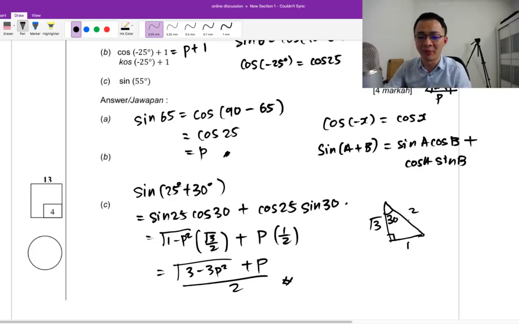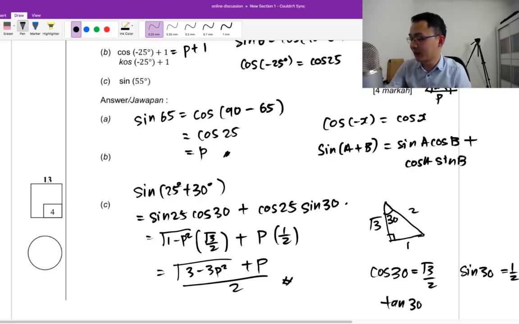Basically, you need to memorize this triangle. So cos 30 is adjacent over hypotenuse, which is square root 3 over 2, and sine 30 is 1 over 2, and tangent 30 is 1 over square root 3. Alright, because for this question the examiner assumes you have memorized this triangle.